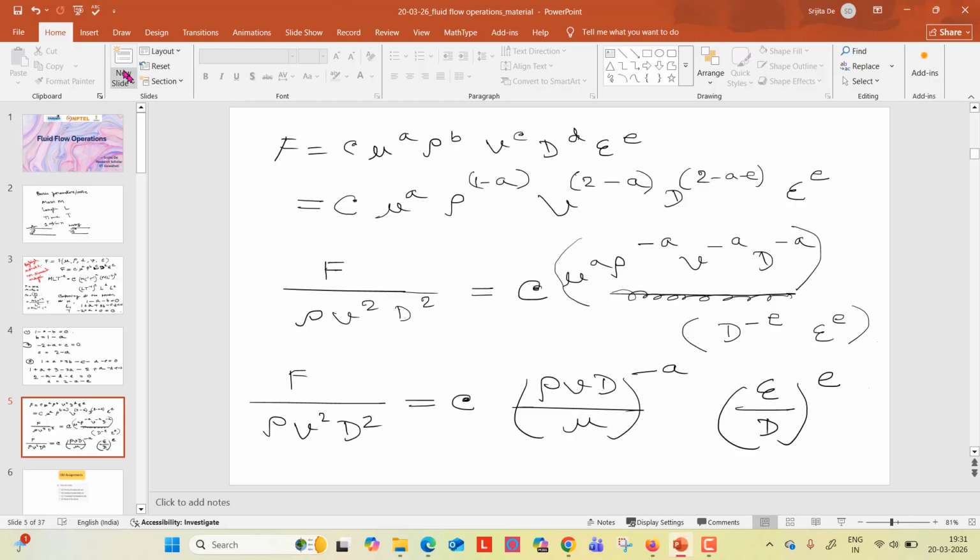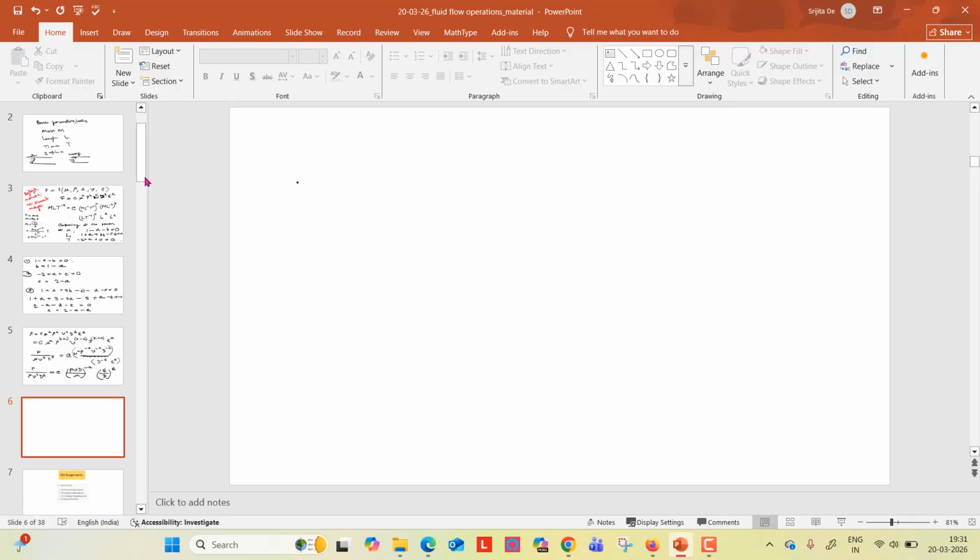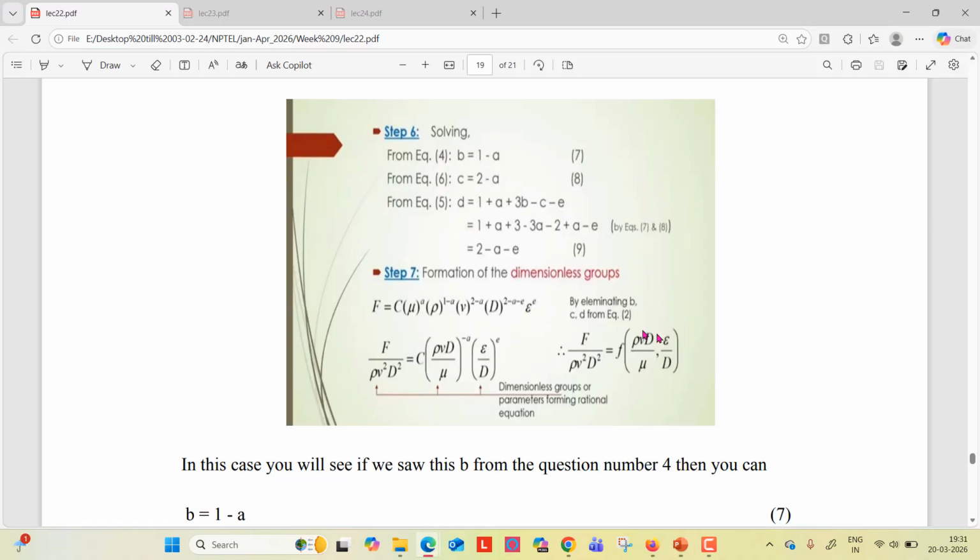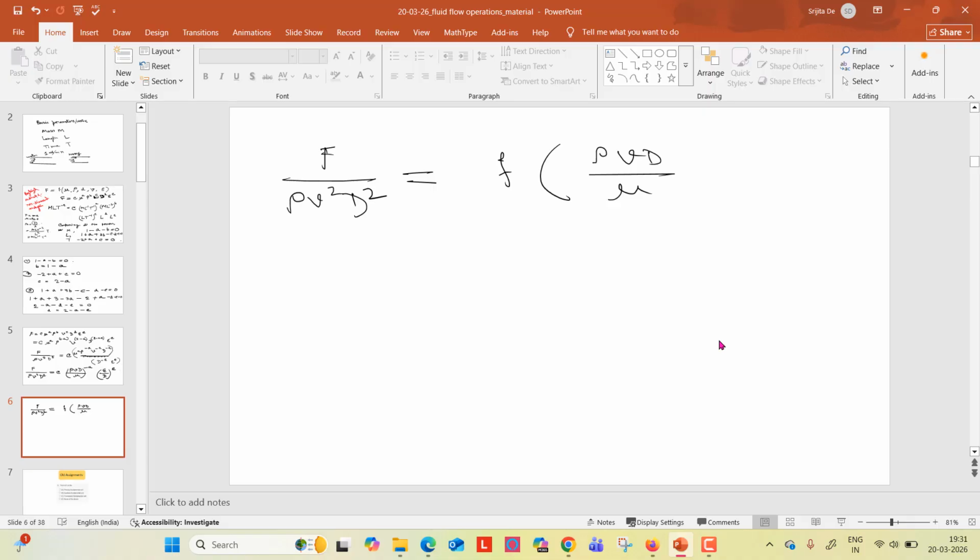So this f by rho v square d square equals to function of rho vd by mu to the power minus a, or you can write it in a function of rho vd by mu, that is nothing but your Reynolds number, and epsilon by d, that is the roughness factor. So it is nothing but the function of Re and roughness factor, right?